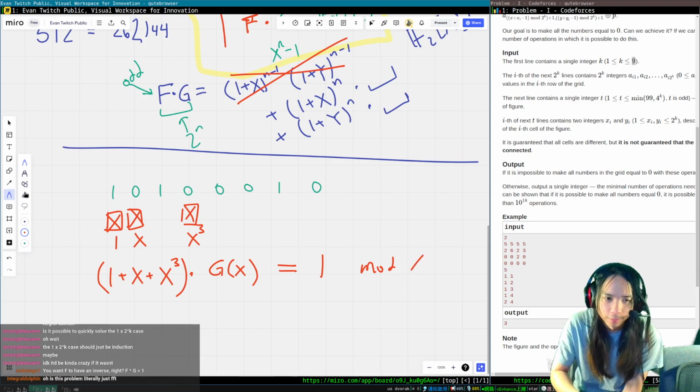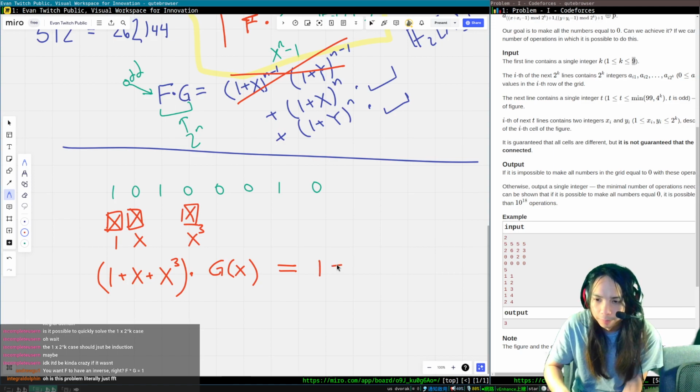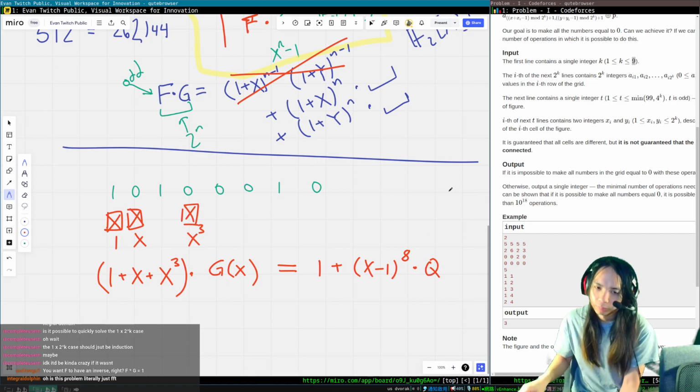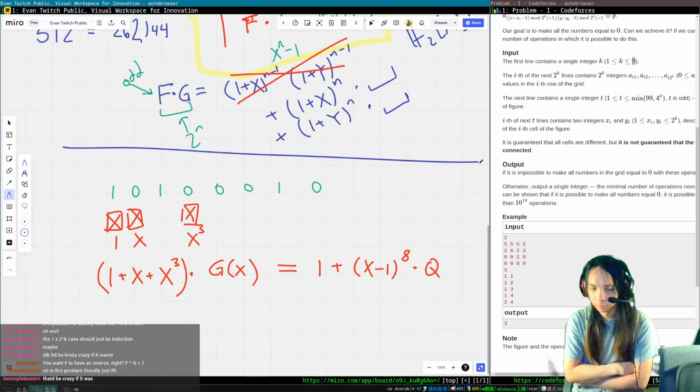So in other words, I want 1 plus x minus 1 to the 8 times some quotient, I guess, mod 2.